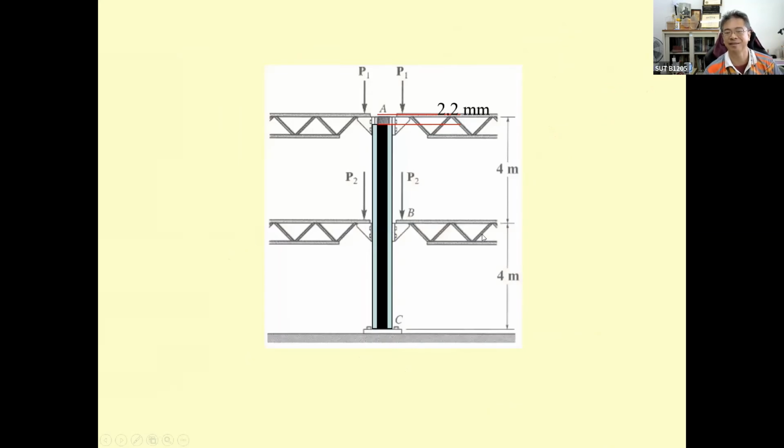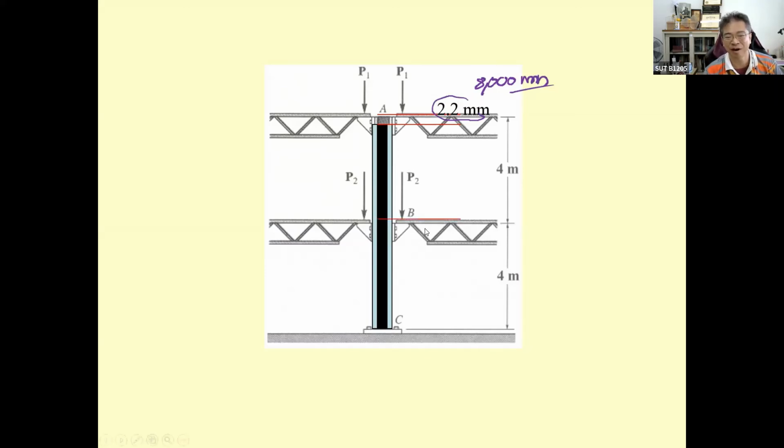You draw this; this is the total 2.2 deformation. It's going to be compared with this 4 meter and 4 meter, compared with 8,000 millimeter. So this 2.2 is going to be very small, 1 over 3,000 something.